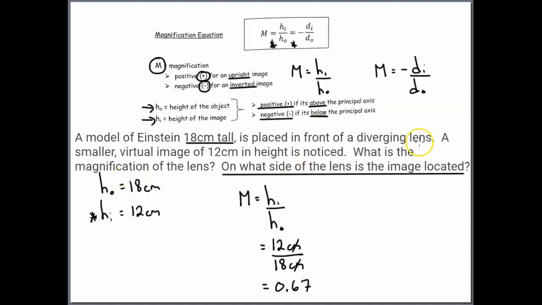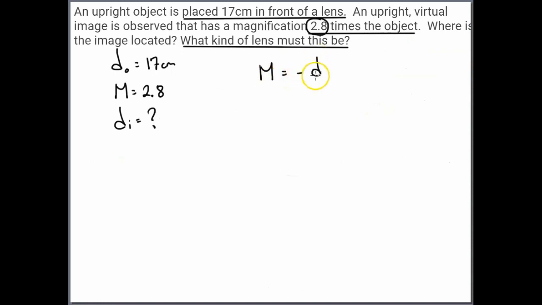So if we go back to our equations, this is the one we're going to need this time. Let's write that one down. M equals negative DI over DO. Magnification is 2.8. We have negative DI over 17 centimeters. All right, so what we can do is multiply both sides by 17. When we do that, it helps us to isolate DI because 17 cancels here.